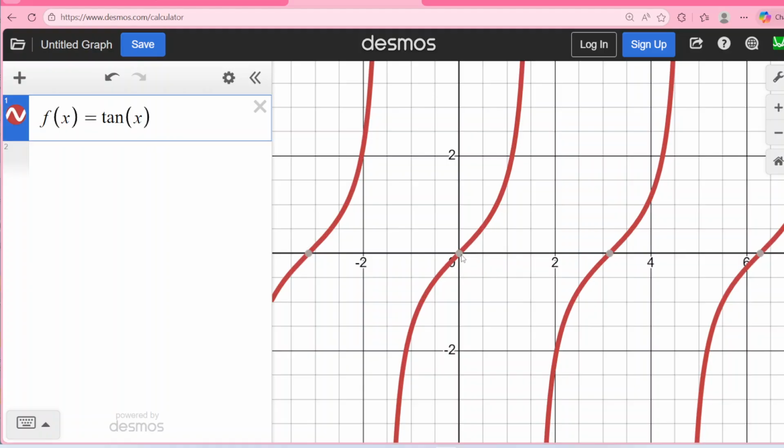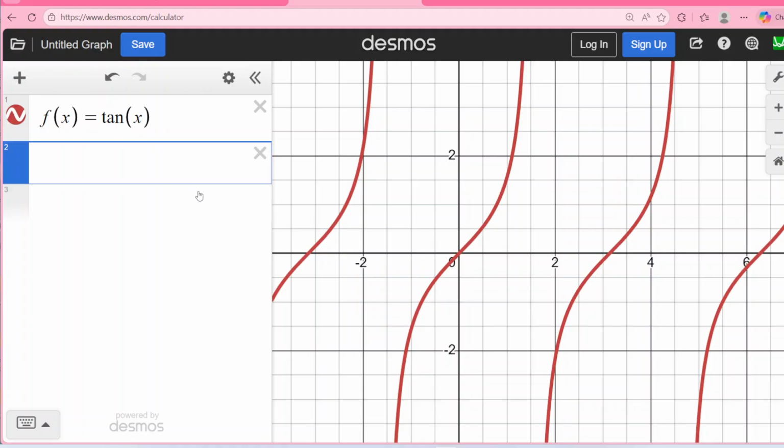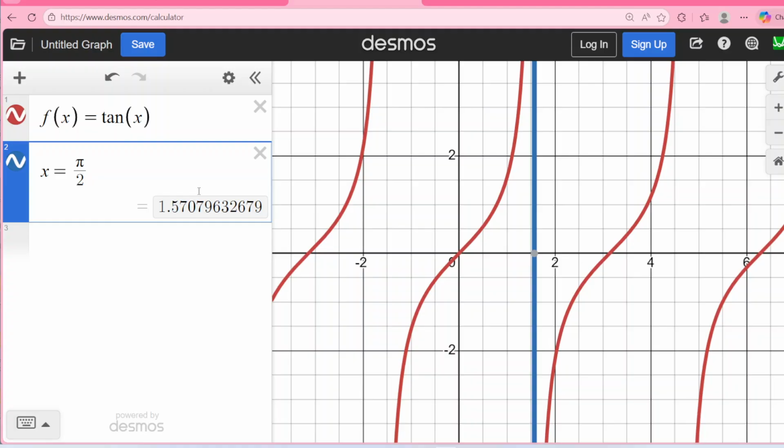So remember the x-intercepts, wherever sine was 0, because we'll see in a second, I'm going to rewrite that. Remember, tangent was sine divided by cosine. So wherever the sine was 0, the numerator, you had an output of 0, so multiples of pi. And then you had these asymptotes wherever the cosine was 0. So say x equals pi over 2.